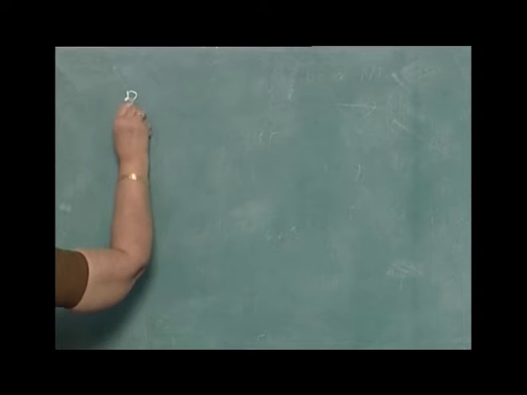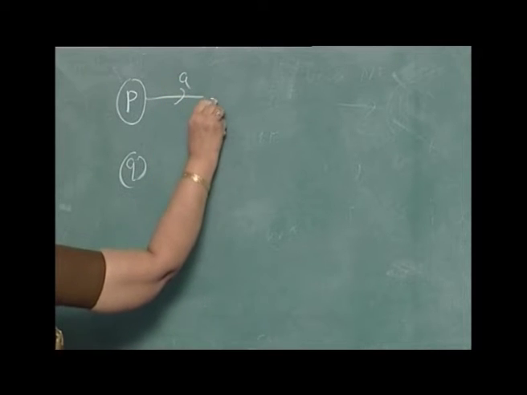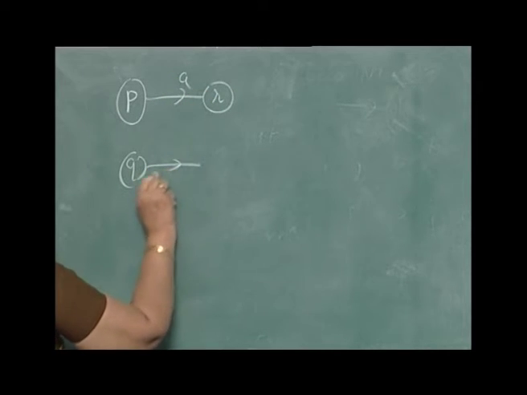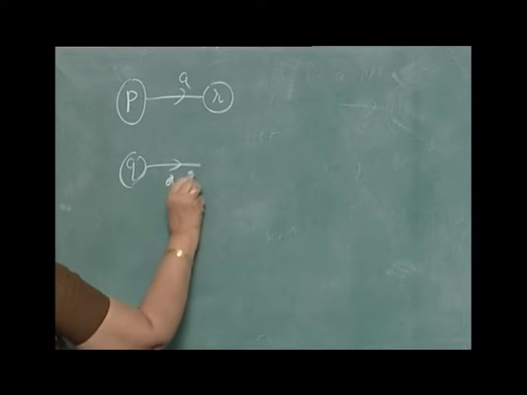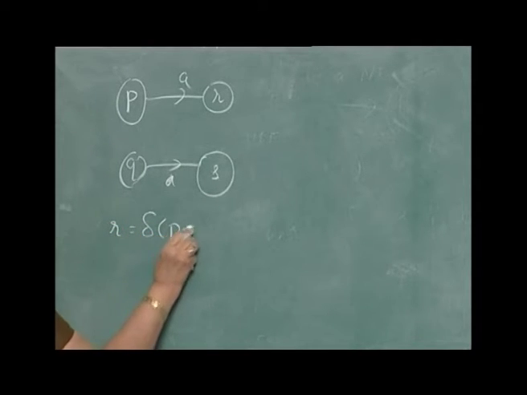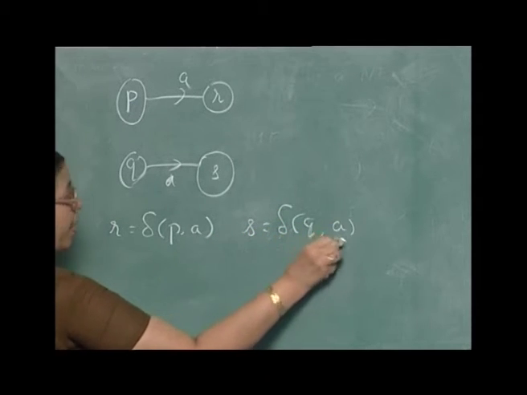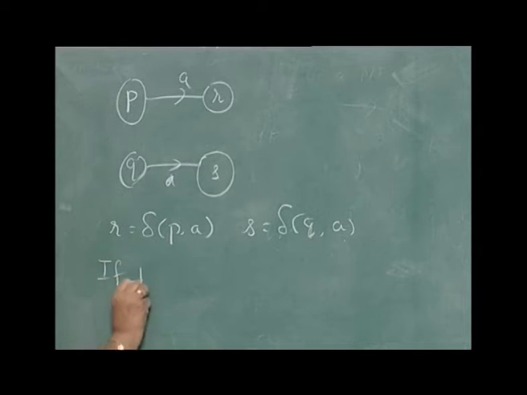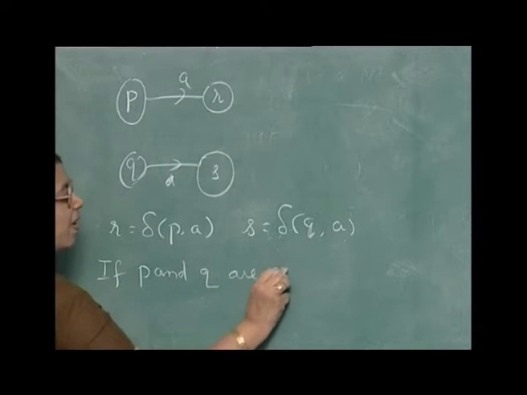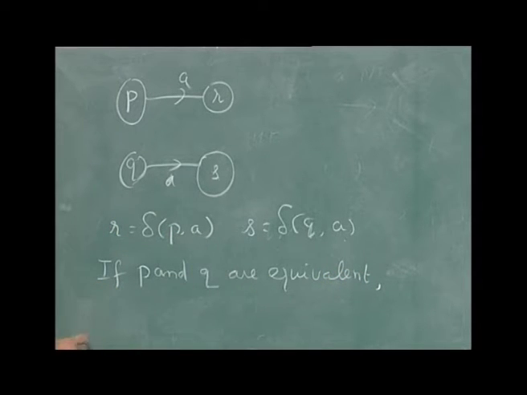So, if P and Q are two states and their A successors are R and S respectively, that is, R is equal to delta of P of A and S is equal to delta of Q of A, and P and Q are equivalent, then what can you say about R and S?